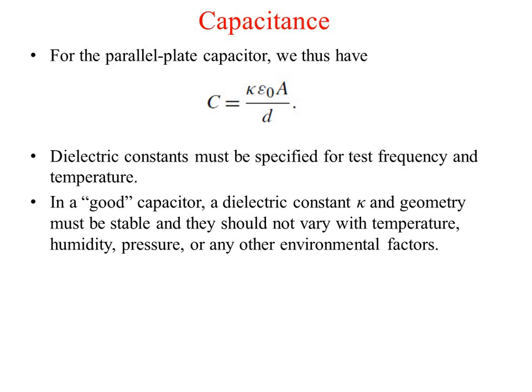The dielectric material between the two plates should not change its property. The plate should not increase its length or dimension. The distance between the two plates should not be changed. If it remains stable, then I can say that capacitor is a good capacitor.